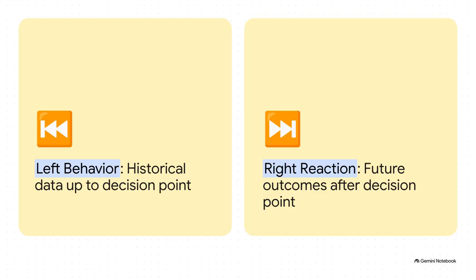The framework strictly separates the data into left behavior, meaning the historical context and the current decision point, and right reaction, which is the future outcome. Without rigorously validating the left behavior first, observing the right reaction means absolutely nothing. If the required structural sequence isn't detected on the left, there's no trade, no prediction, and definitely no forced pattern. It is pure behavior validation.